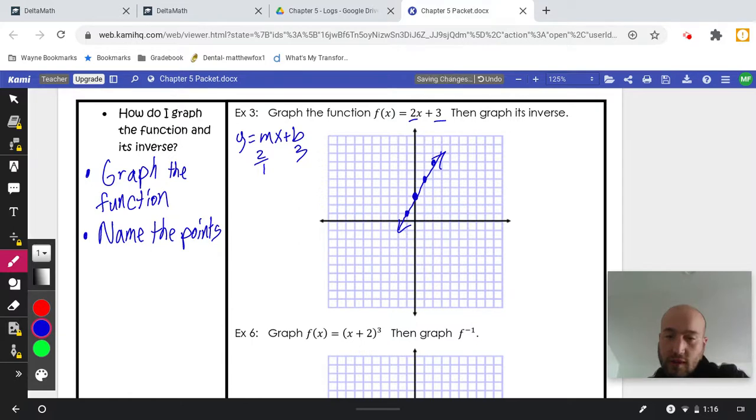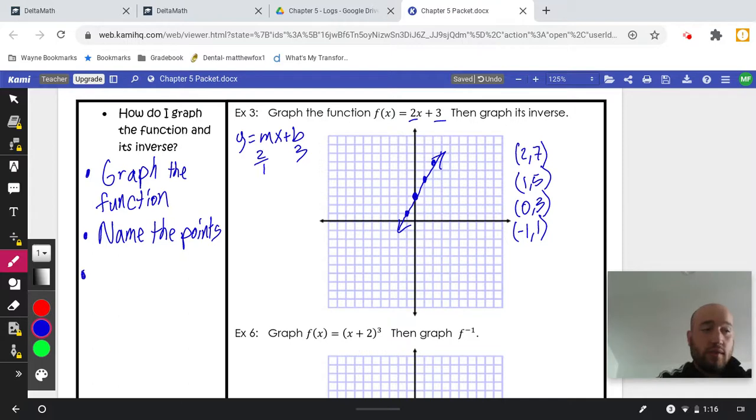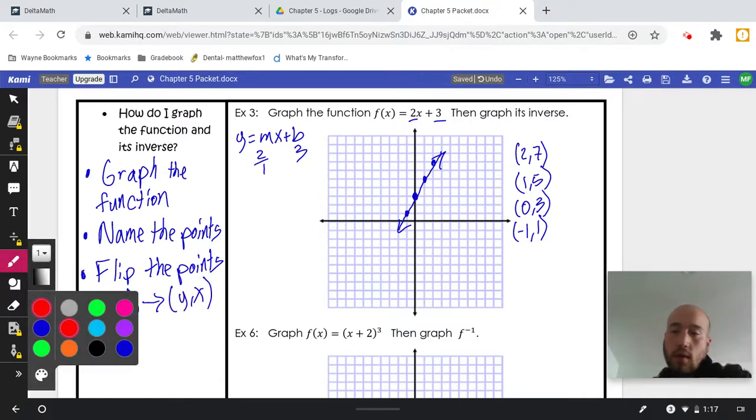Step 2, we need to name our points. We've got 4 points here. The first one is at (2, 7) it looks like, and then (1, 5), (0, 3), and finally (-1, 1). Step 2 is done. Step 3, we're going to flip the points. So (x, y) becomes (y, x). (2, 7) will become (7, 2).